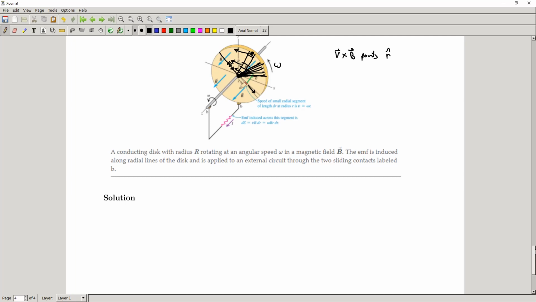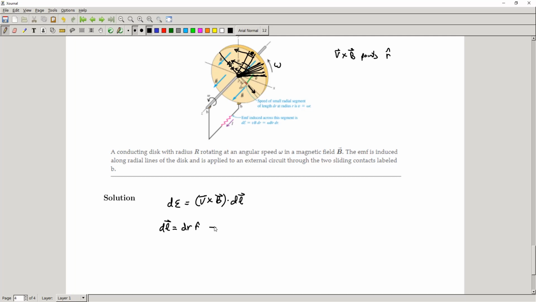The first thing, maybe I'll just write down the expression, v cross B dotted into dl, except that here, what is our dl? Well, our dl is really just dr in the r hat direction, but we don't really care about the direction of this. I mean, we kind of care about the direction, but in the end it's just going to all go away.